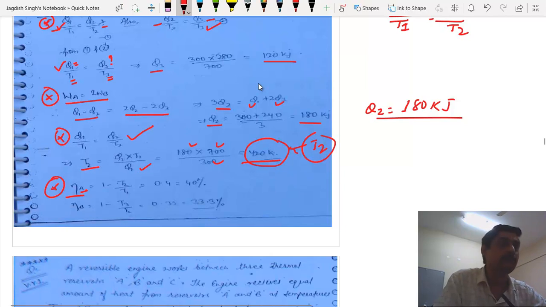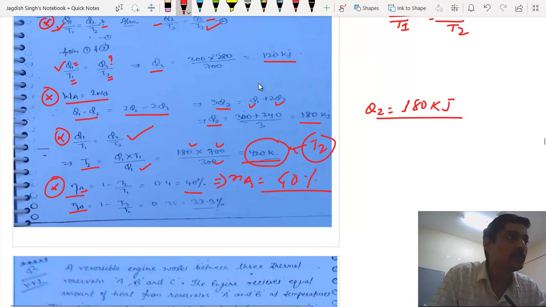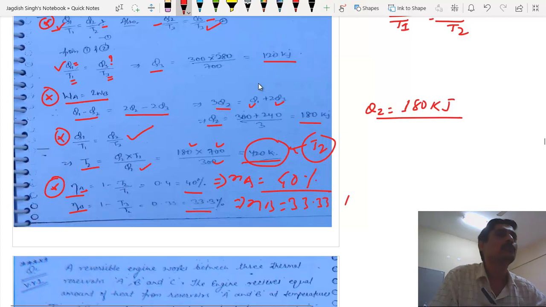After putting in these values, you will get the efficiency of the first engine A as 40%, right? And the efficiency of engine B is equal to 1 minus T3 by T2, because engine B is working between T2 and T3. Therefore T3 is the lower temperature and T2 is the higher temperature. After putting in these values, we get the efficiency of engine B as 33.33%.